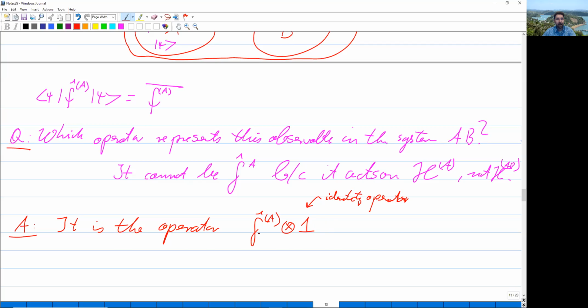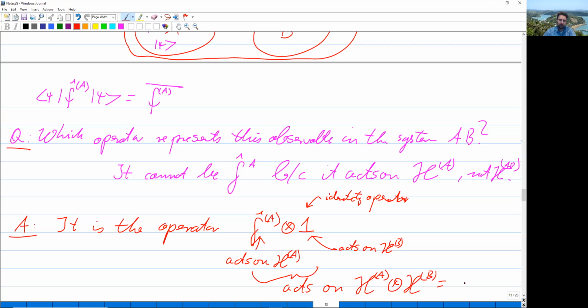So this operator acts on the Hilbert space HA. This one acts on HB. And the whole thing acts on HA tensor HB, which, if you remember, is what we called HAB.